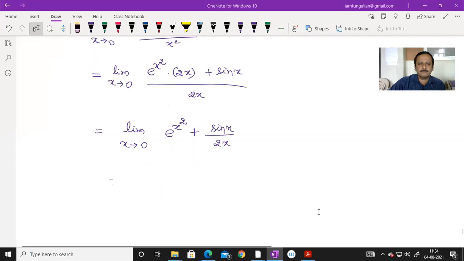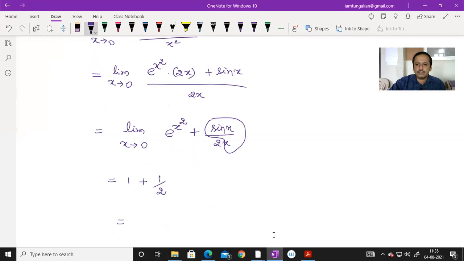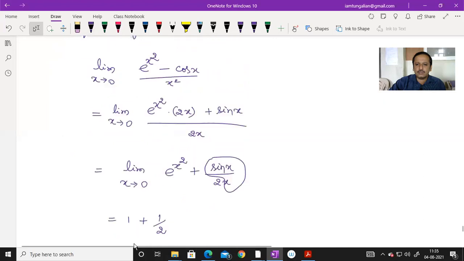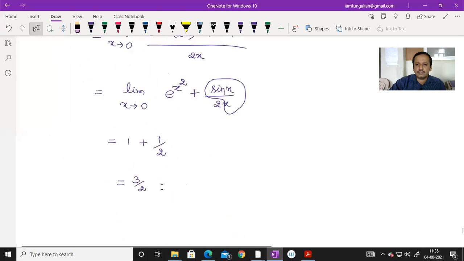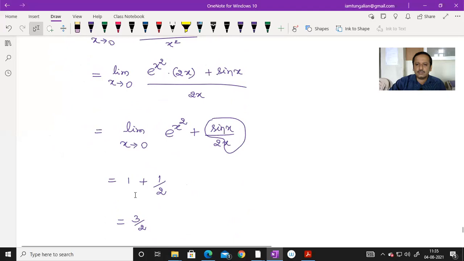E power 0 will give you 1, plus sin x by x becomes 1. There is a 2 in the denominator. So 1 plus 1 by 2, which means 3 by 2 is the answer. 3 by 2, which is the second option.